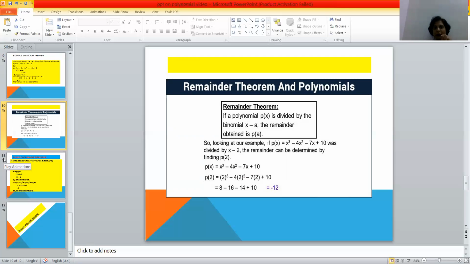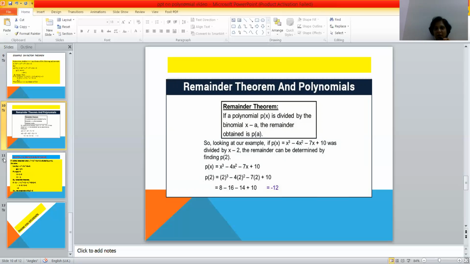So, looking at our example, if p of x is equal to x cube minus 4x square minus 7x plus 10 was divided by x minus 2, the remainder can be determined by finding p of 2.